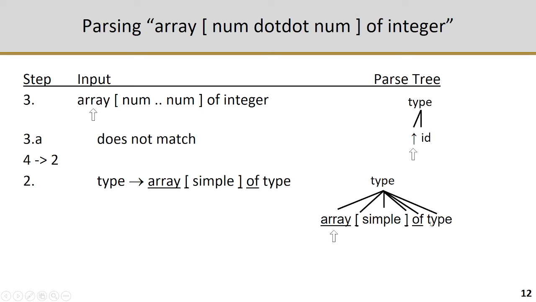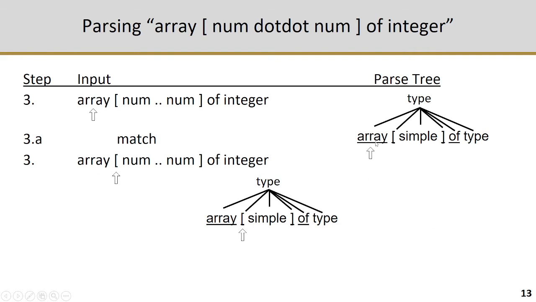So we extend the parse tree with the symbols on the right-hand side of this derivation rule, and here we have array as the first token in this right-hand side, which matches with the symbol at the input.